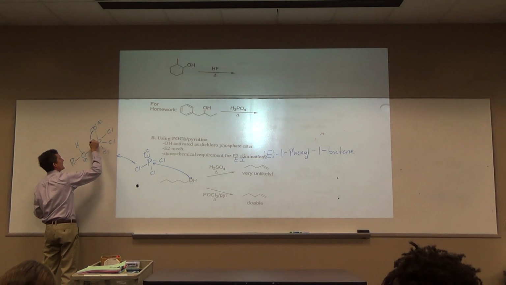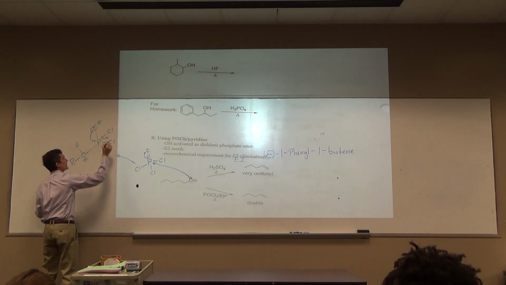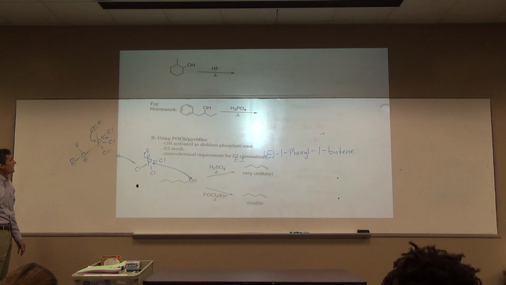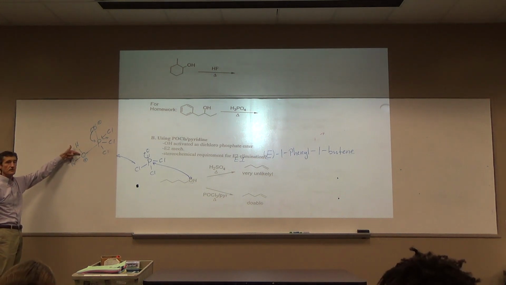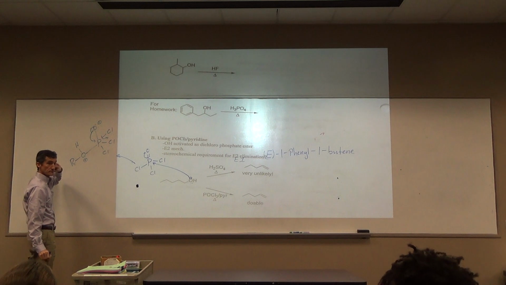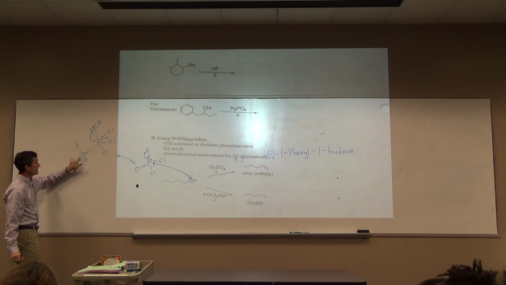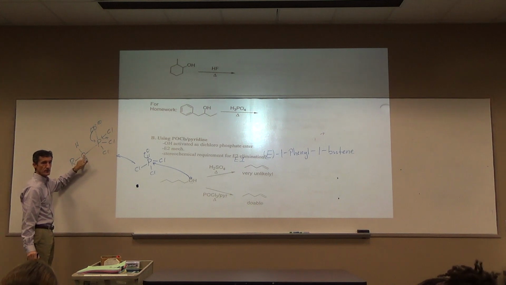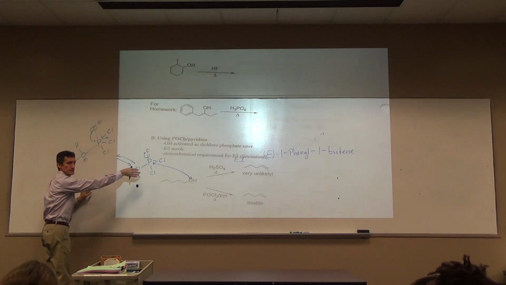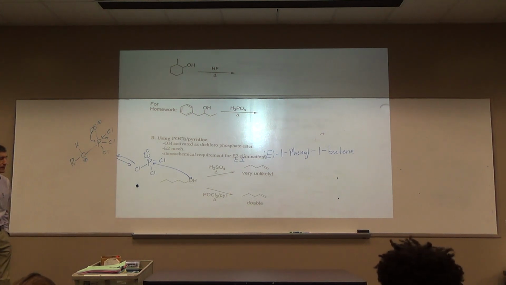Then electrons back down, and we can kick off one of the chlorines. Or is this a better leaving group, the protonated oxygen? Might be a better leaving group here. But if we kicked it off, where would we go back to? Just our beginning product. We just go backwards. That's an equilibrium there.